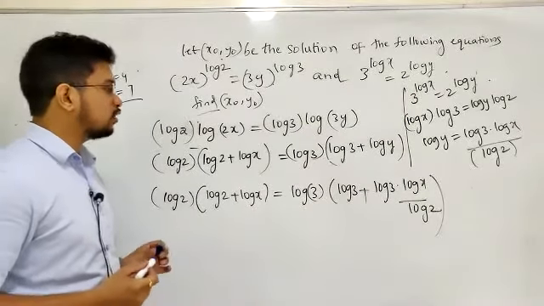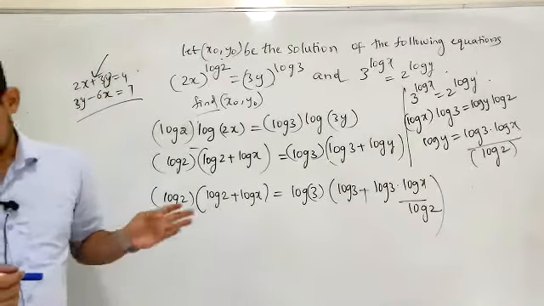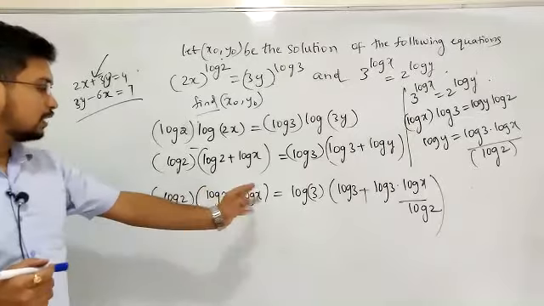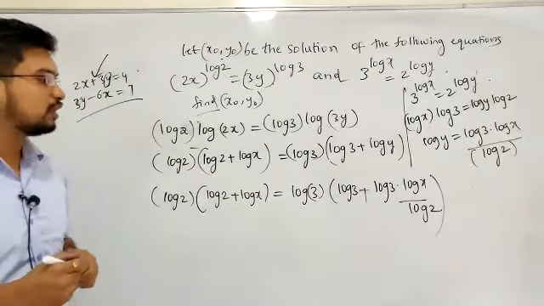So you'll be getting log 2 into log 2 plus log x is equal to log 3 into log 3 plus log 3 into log x by log 2.